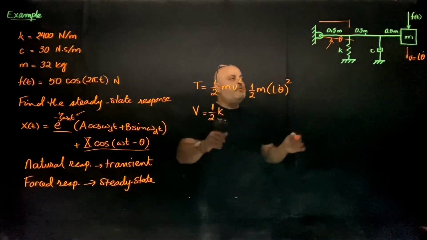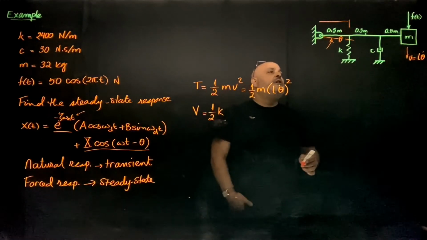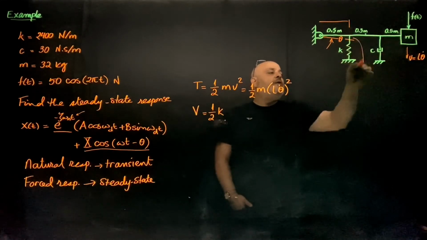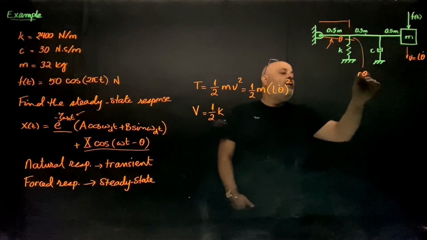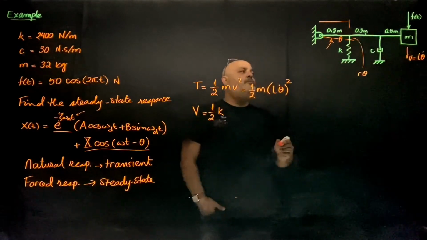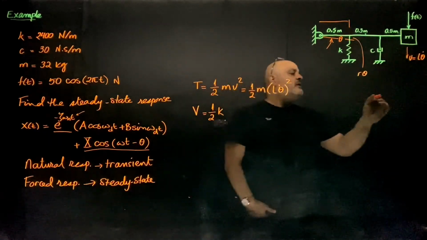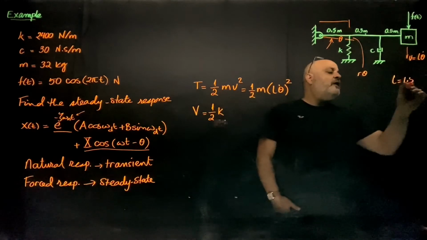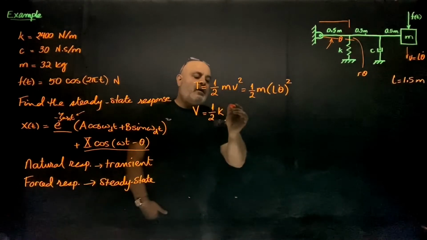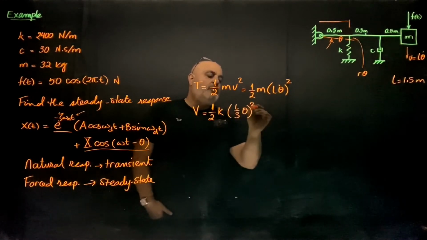Of course, we're assuming small theta here, so it's the length of the arc, which is r times theta, and r in this case is 1/3 of the length of the beam. The beam is 1.5 meters. So this will be 1/2 K times L/3 times theta all squared.